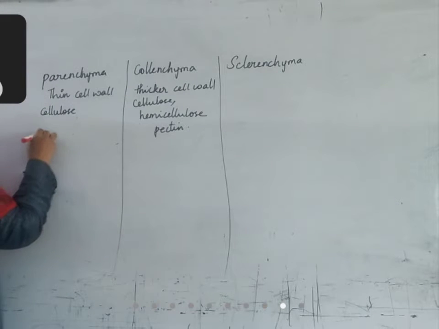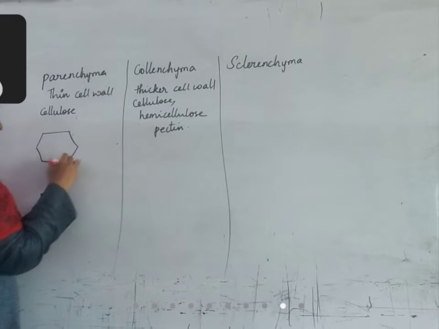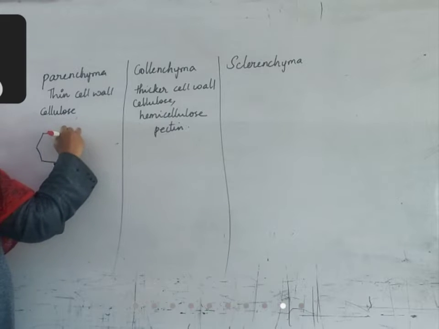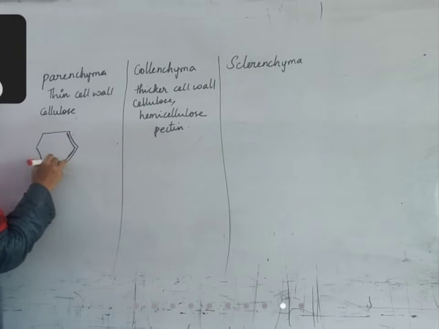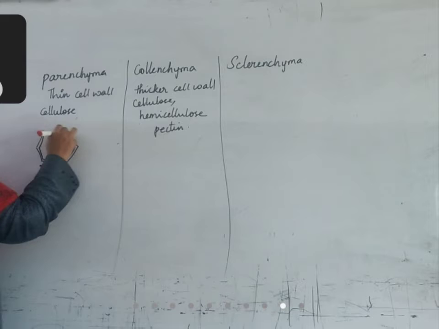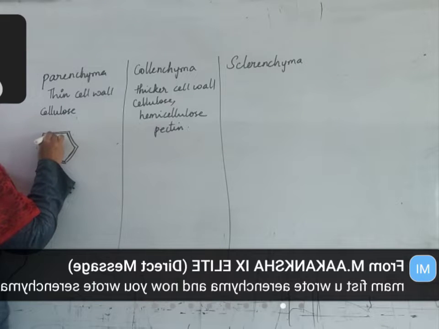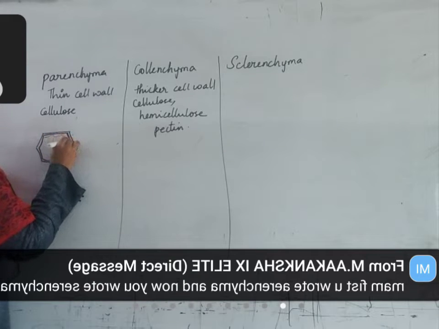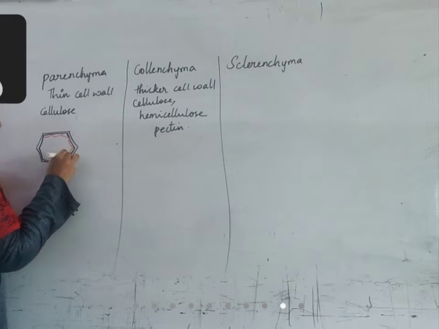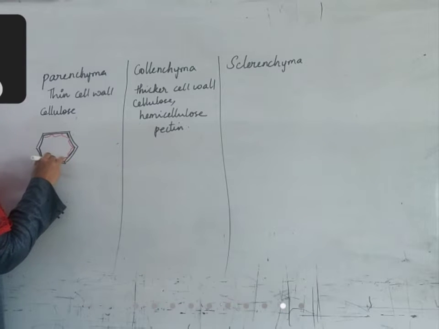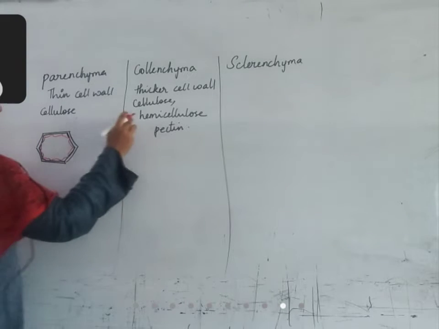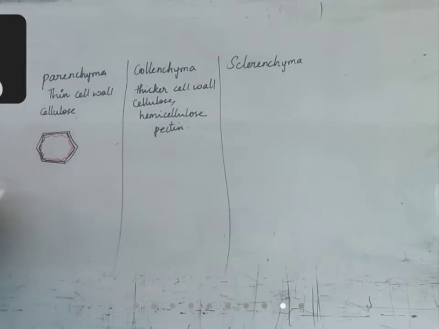Because during the formation of the cell, first the primary cell wall will deposit. This primary cell wall is made up of cellulose. Inside of that primary cell wall, again a secondary cell wall will deposit. The secondary cell wall is not uniform like the primary cell wall. In some areas thick, in some areas thin. So this secondary cell wall is made up of hemicellulose and pectin.